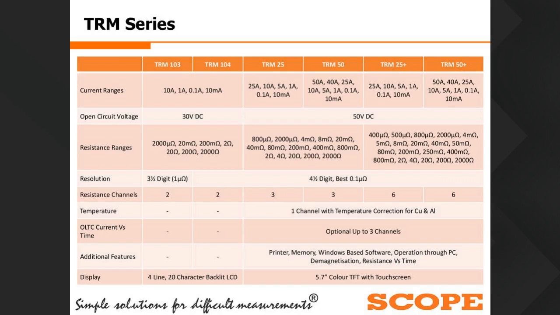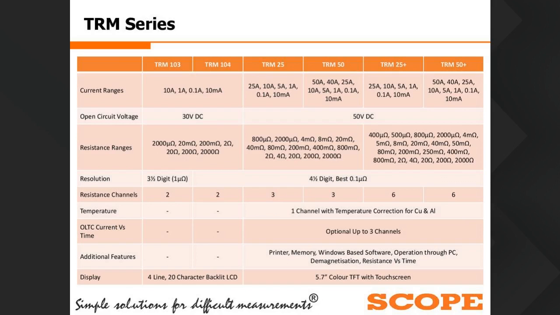As I said earlier, for resistance channels, we have provided 2 channels for our common instrument, 3 channels for TRM 25 and 50, and 6 resistance measurement channels for TRM 25 plus and TRM 50 plus.